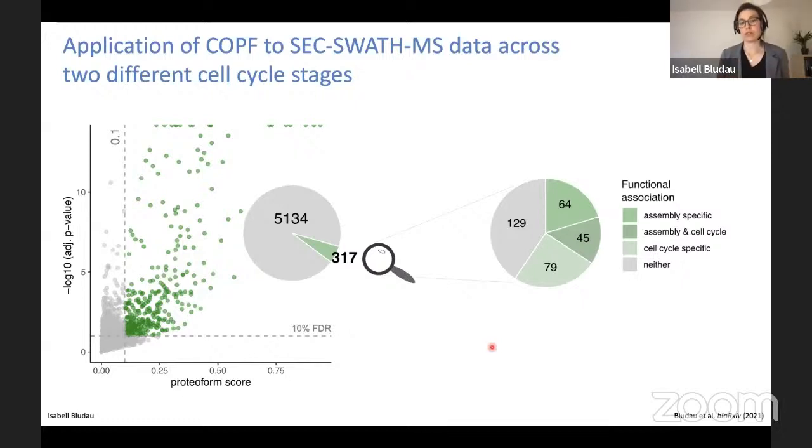When we further looked at the classification of those proteins, we could assign roughly 100 proteins to be assembly specific, so they differed across the SEC dimension, and around 120 or so were cell cycle specific, and they were actually differentially abundant across the two cell cycle stages.